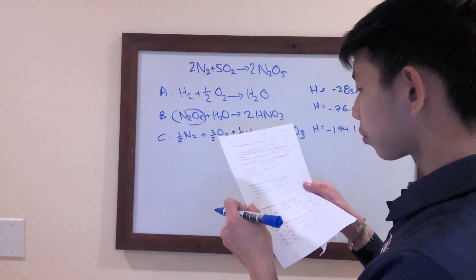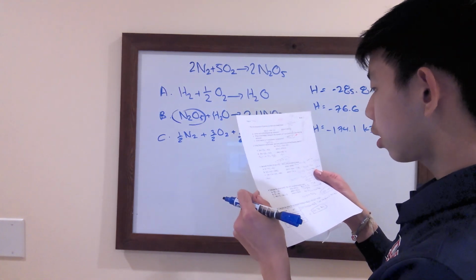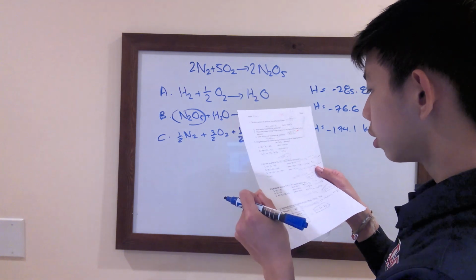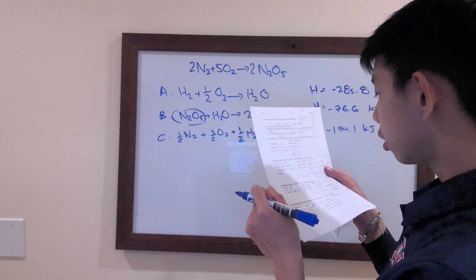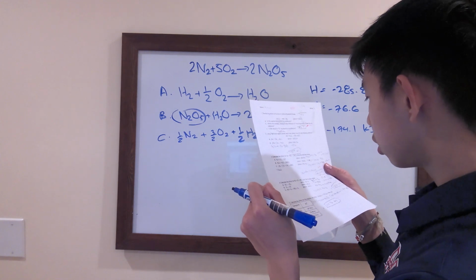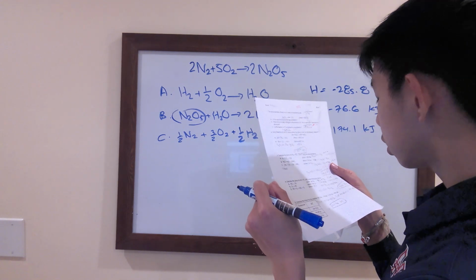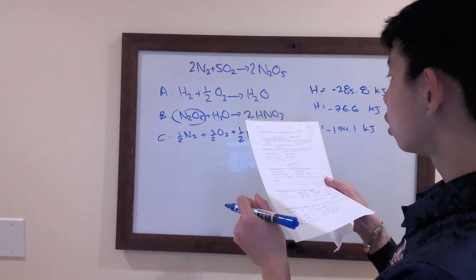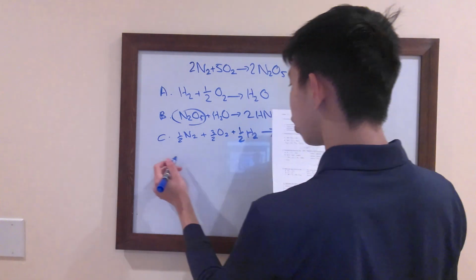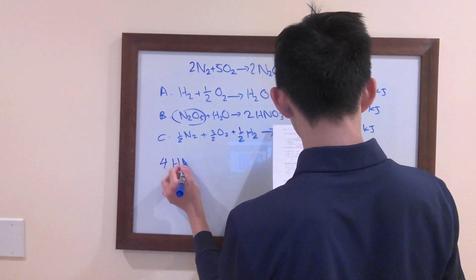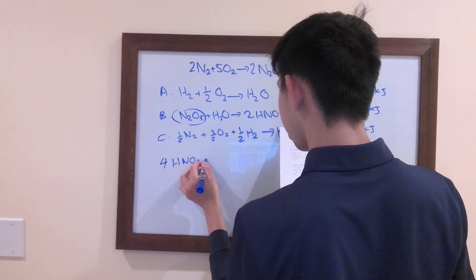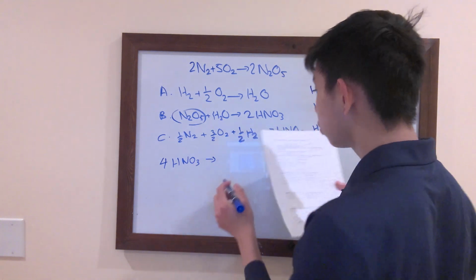Right? Yeah, plus. So it's going to give us 4HNO3. Right, you multiply by 2, and you flip it.